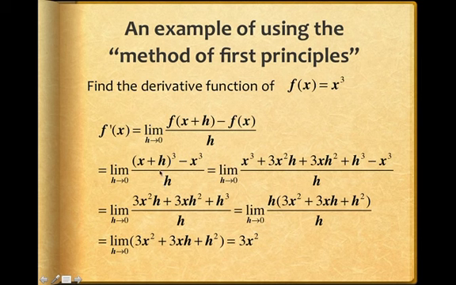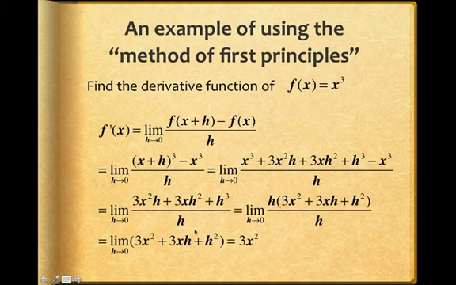So if we substitute x plus h into our function and we cube it, we get this expansion, and then minus x cubed is the y1. So we expand it all the way out here. We simplify, the x cubes cancel out, so we get something like this.